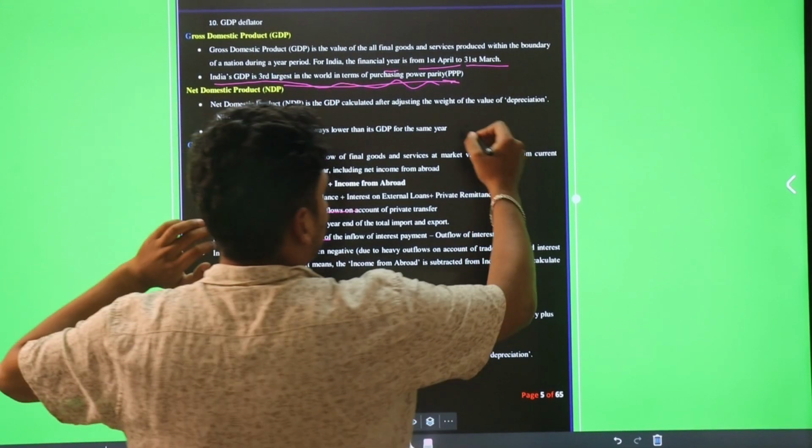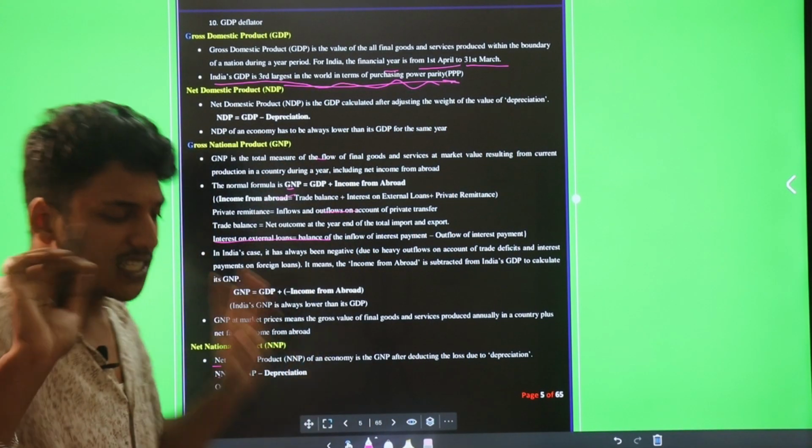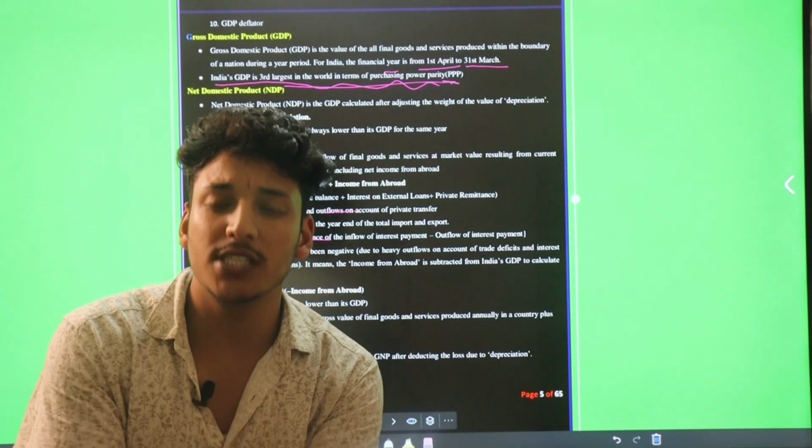What is purchasing power parity? I will explain this with an example.